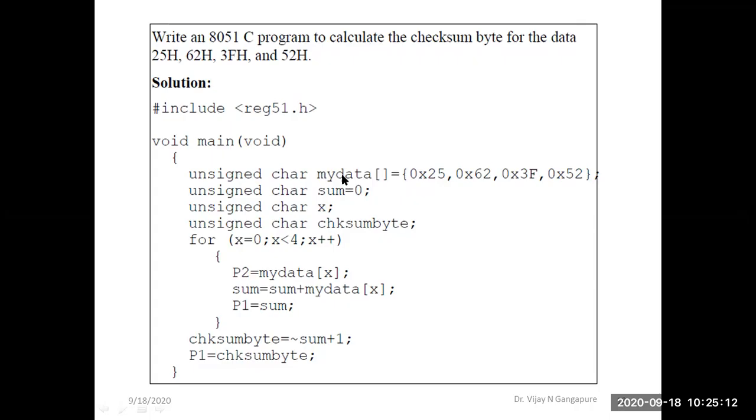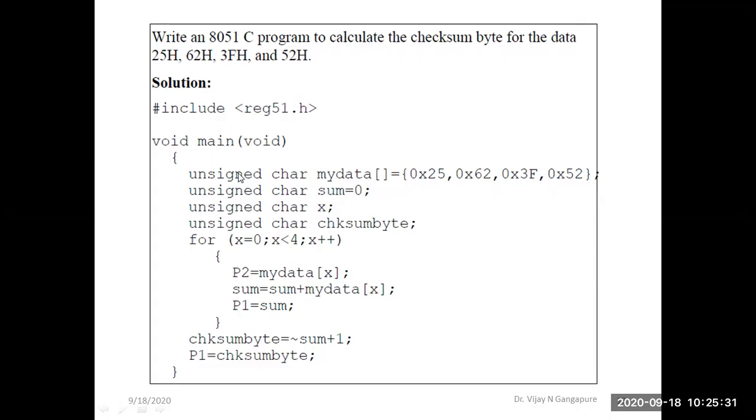In this array we are storing these four bytes, that is 0x25, 0x62, 0x3f, 0x52, separated by commas and enclosed in braces, and this statement ends with a semicolon.